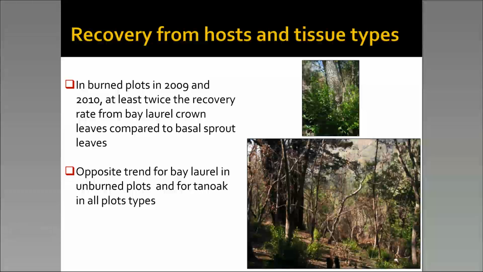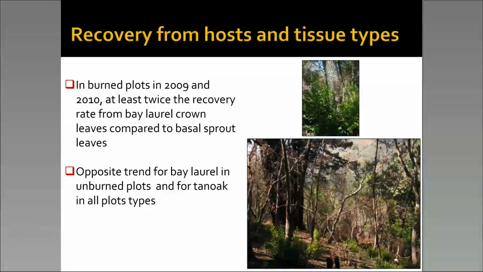They don't lose their leaves, but they are all very prolific sprouters following fires. And what we found was that in burned plots, in both 2009 and 2010, we were able to recover the pathogen at twice the level from the bay laurel crown leaves compared to basal sprout leaves.